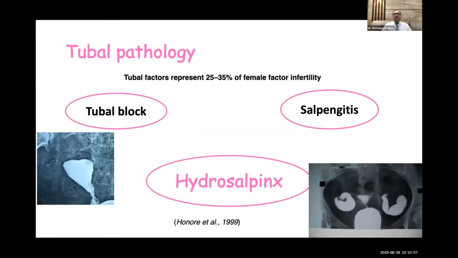So tubal pathology accounts for about 25 to 35% of female factor infertility, in the form of either proximal tubal block or distal tubal block, salpingitis, which may be part of a PID or isolated salpingitis, and the last is hydrosalpinx, which we face a lot in cases of recurrent IVF failure.